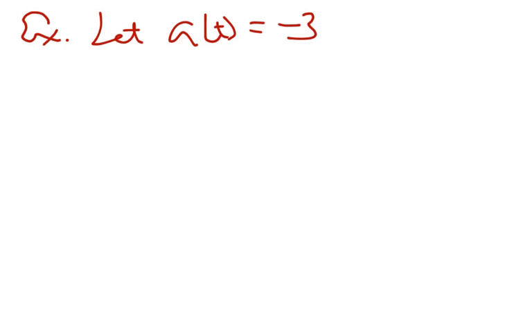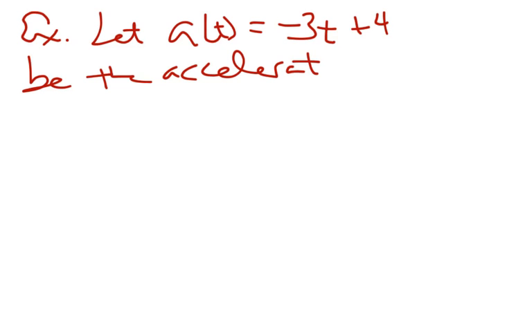We should probably do an example for a moment. And we'll do this a couple different ways, maybe. Let a of t, which is equal to negative 3t plus 4, be the acceleration of an object.